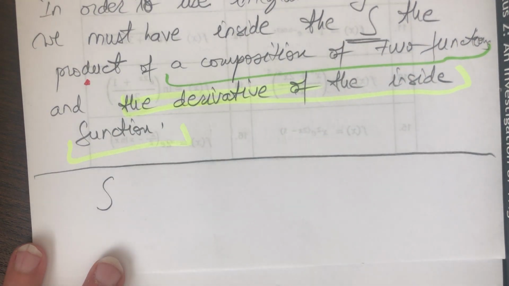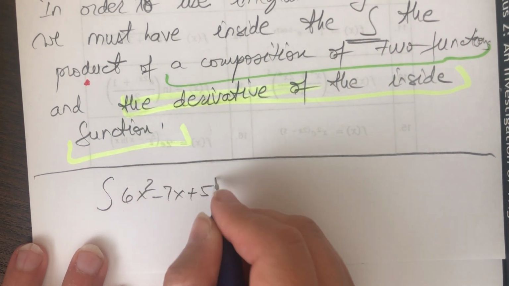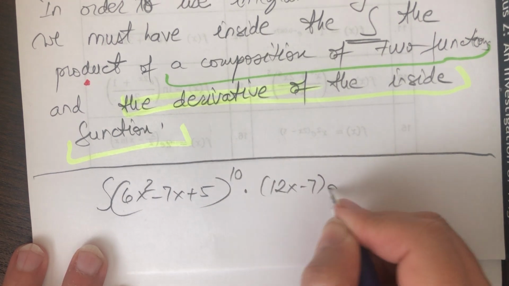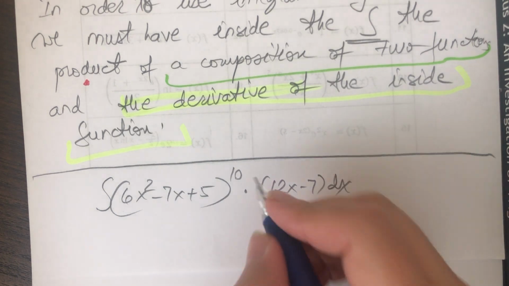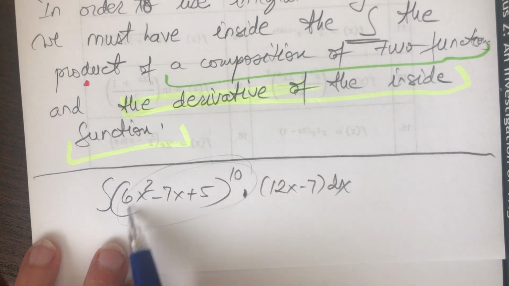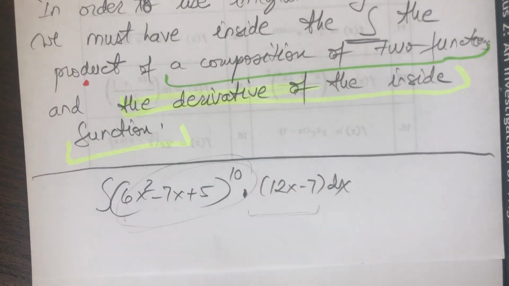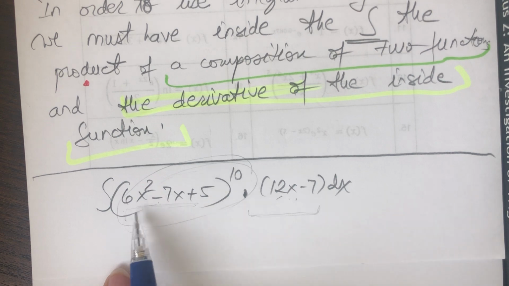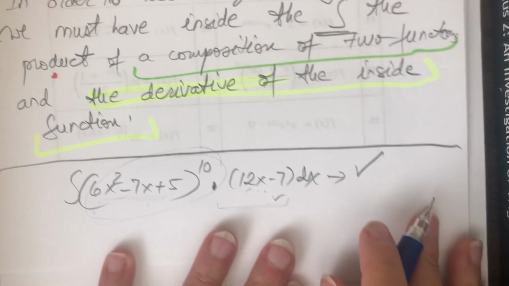Definite or indefinite, it doesn't matter. 6x squared minus 7x plus 5 to the power of 10 times 12x minus 7. Are we going to use the substitution rule for this or not? Well, I see the product. I see a composition of two functions. Do I also have the derivative of that inside function? Is this the derivative of the inside function? 12x minus 7? Yes, it is. So yes to substitution rule.